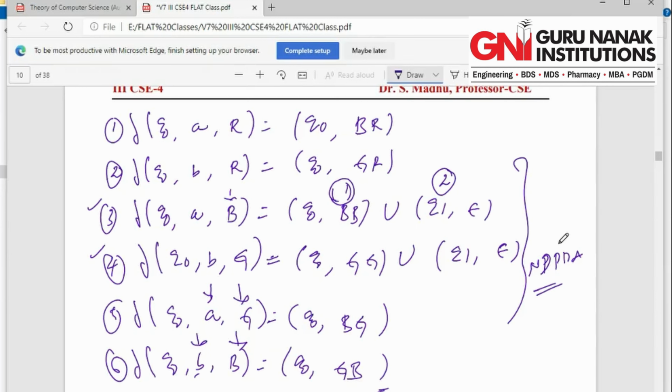WCW reverse has only a DPDA, deterministic push down automata. Have all understood this one? All have understood this one or not? Tell me. All of you understood this one? Yes or no? Tell me. But nobody is responding. Respond, please. Yes, sir.